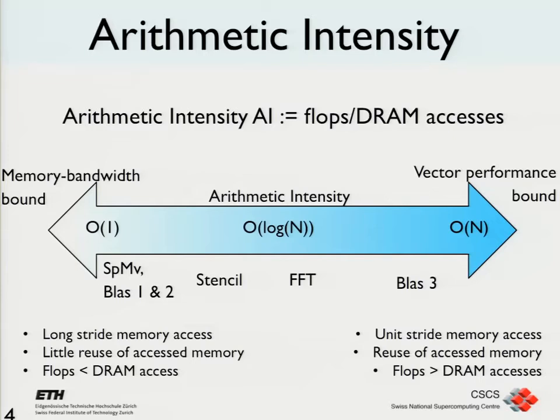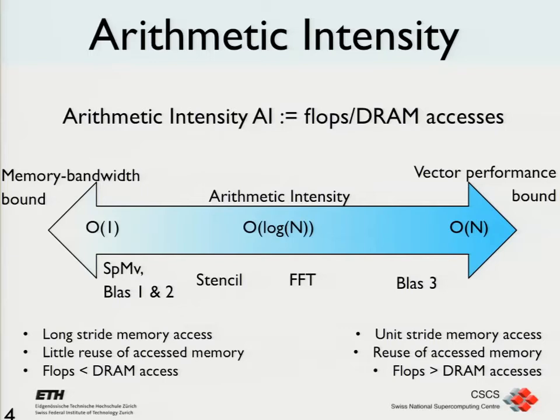So memory bandwidth bound means that, for example, you have a long stride memory access, so you're not accessing data in the main memory, well, data which is close in the main memory.